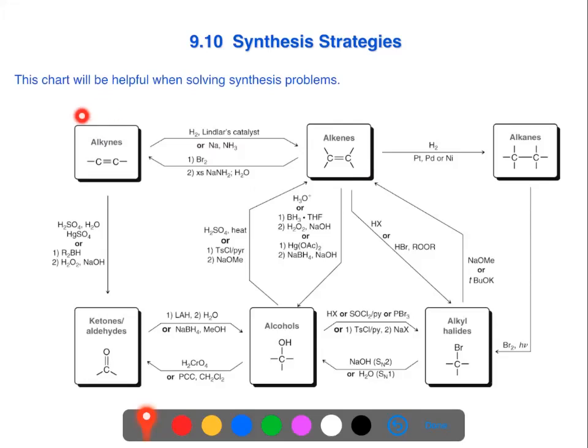And we've then, through hydration reactions, introduced ways in which we can take our hydrocarbon backbone and incorporate the carbonyl. And so we've introduced two methods for carrying out hydration of alkynes that generates either a ketone or an aldehyde.